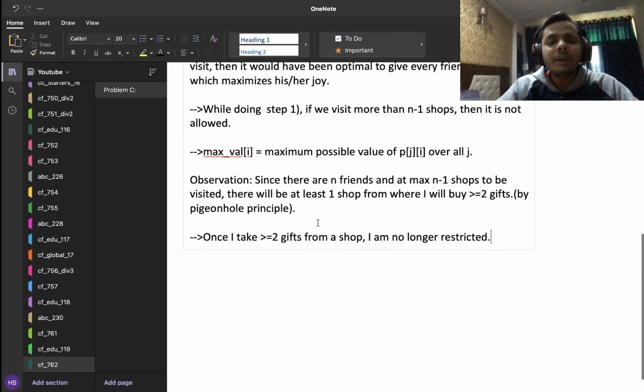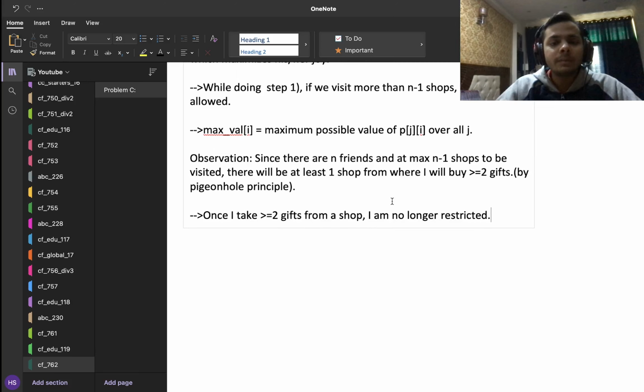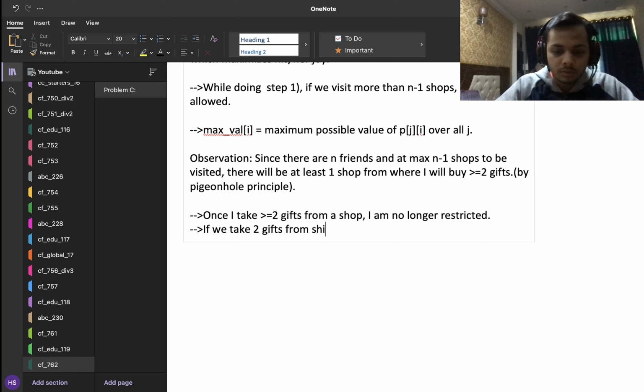And the reason for that is that if I'm taking 2 gifts from shop 1 and all the other gifts are being taken from unique shops, even then at max I will end up visiting n minus 1 shops. So if we take 2 gifts from shop 1 and take the rest of the gifts from unique shops, we would still end up visiting n minus 1 shops.